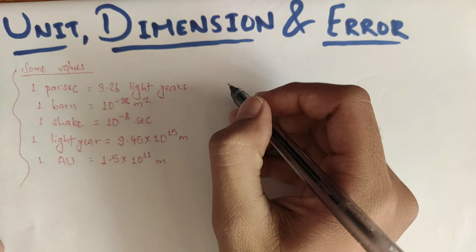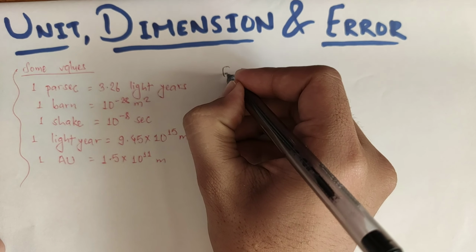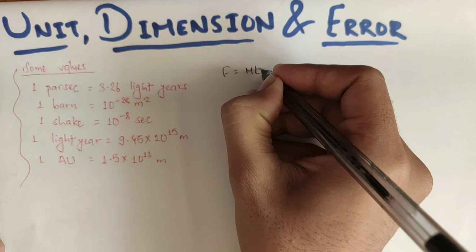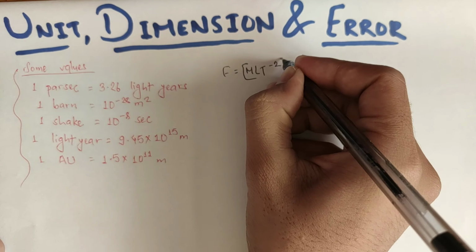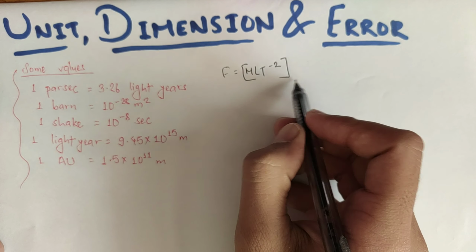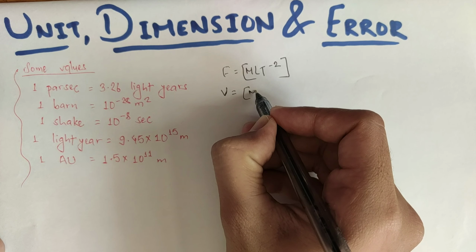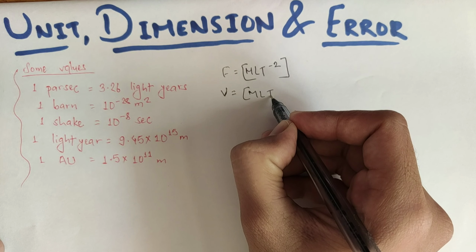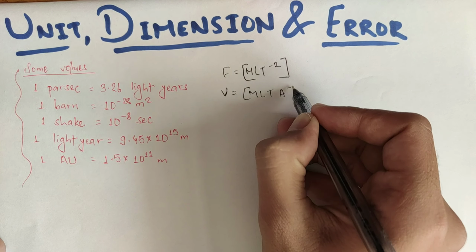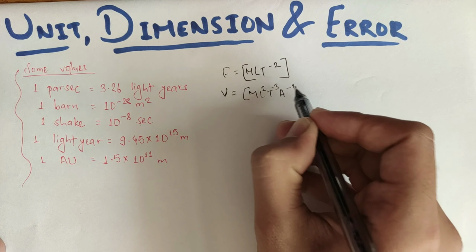Now to find some dimensions, it is easier if you learn some values. Force, which is the most important, is MLT to the minus 2, and then you must know the dimensions of voltage.